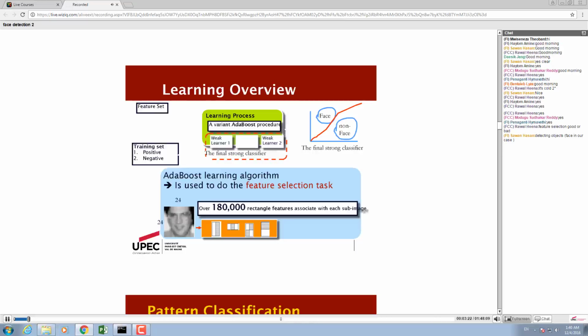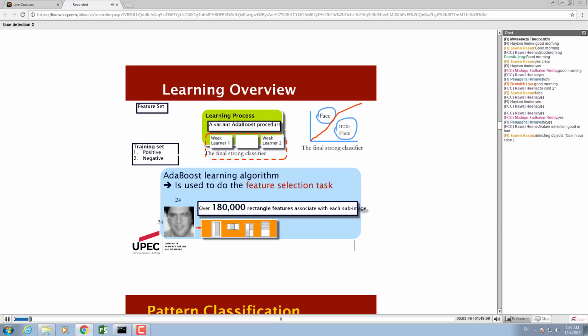Okay. So we are starting. From our previous step, calculating and preparing the Haar-like features, now we have all possible over 180,000 features. Okay, it is ready now. We are assuming they are ready at this stage. By the way, this number of features is too big, too many features.